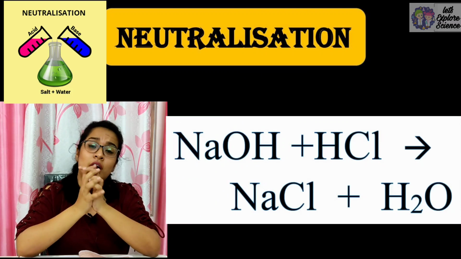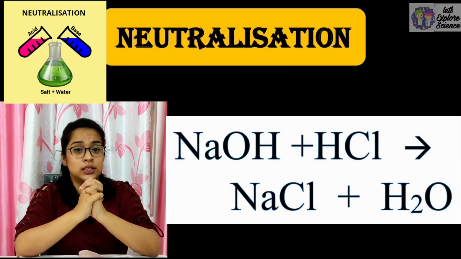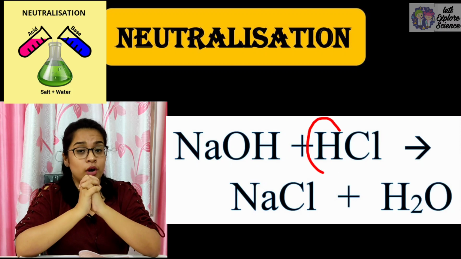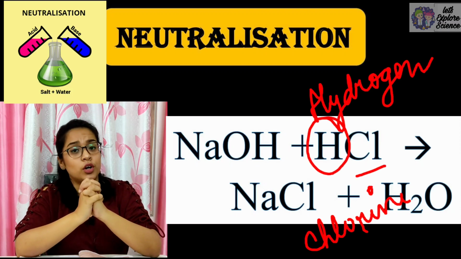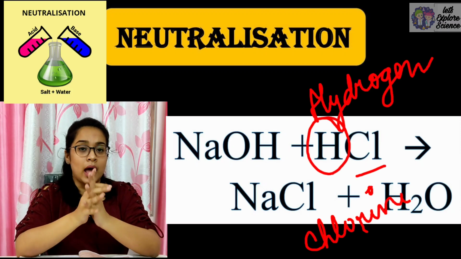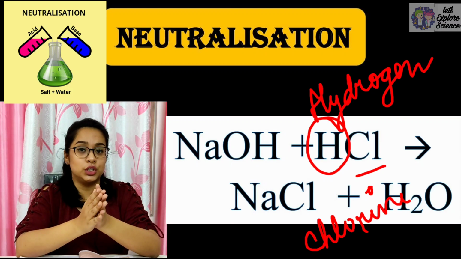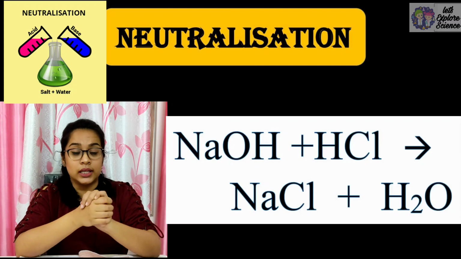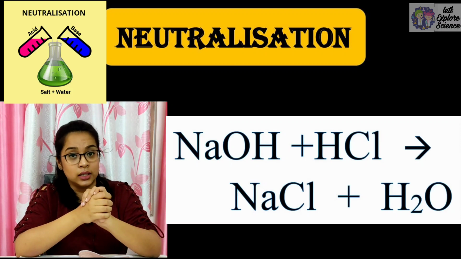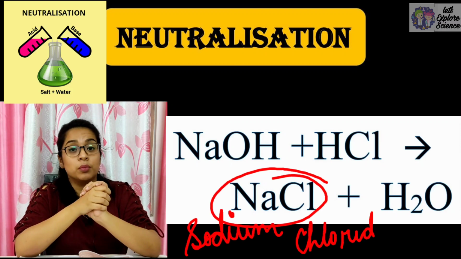And what is the formula of hydrochloric acid? It is HCl. H stands for hydrogen and Cl stands for chlorine. Now see, what happens in the reaction is, when these two compounds react with each other, we get a new substance, that is NaCl. That is sodium chloride.